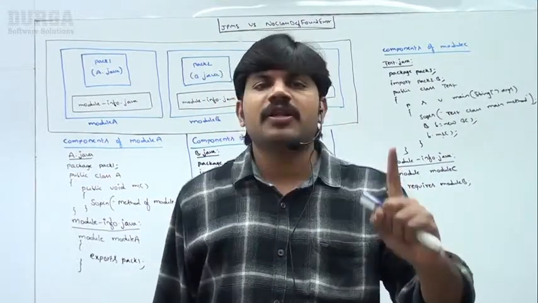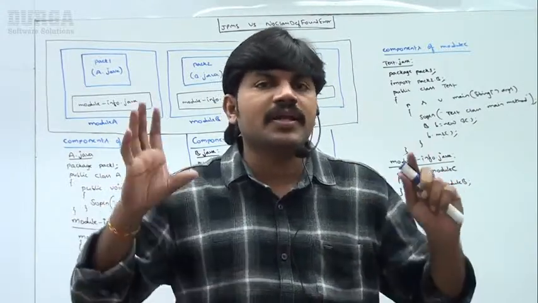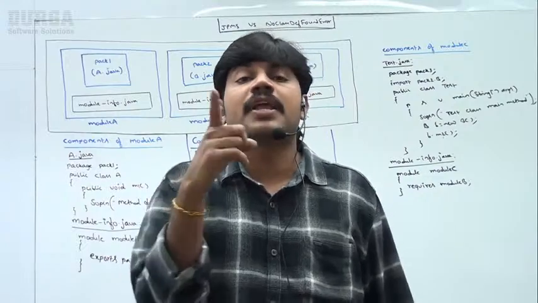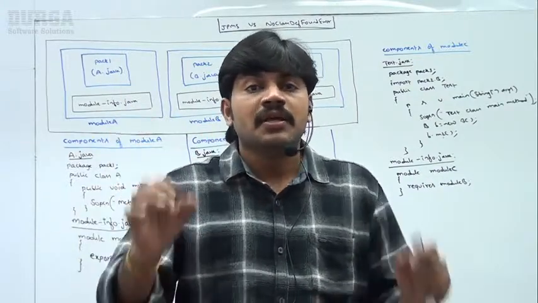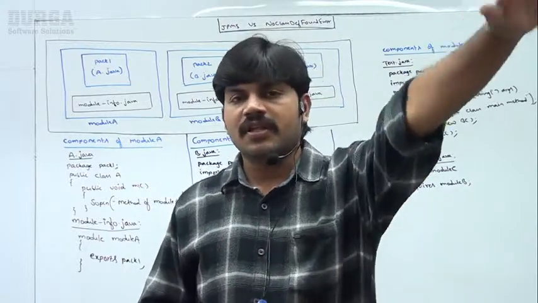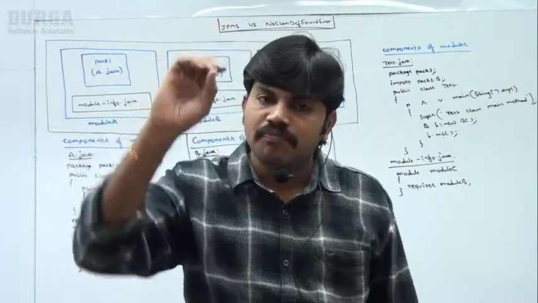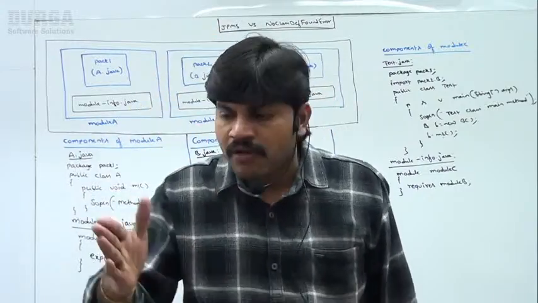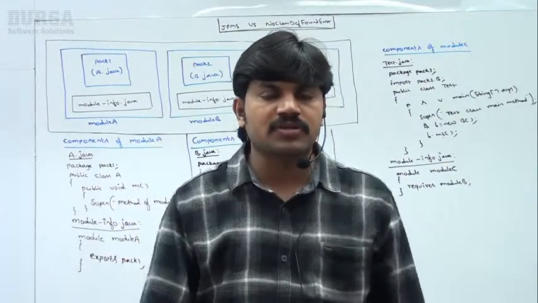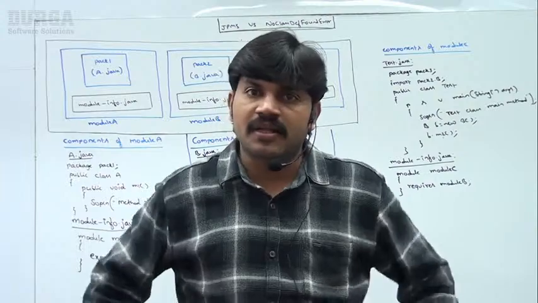If any dependent module is missing, then immediately the JVM tells us, sorry, I can't start your program execution because such and such module is missing. The JVM tells this at the beginning only. Remember, after executing some 1,000 lines of code, the JVM does not tell this. At the beginning only, the JVM checks whether all the dependent modules are available. If all dependent modules are available, then only the JVM starts its execution. Clear for all of you, right?